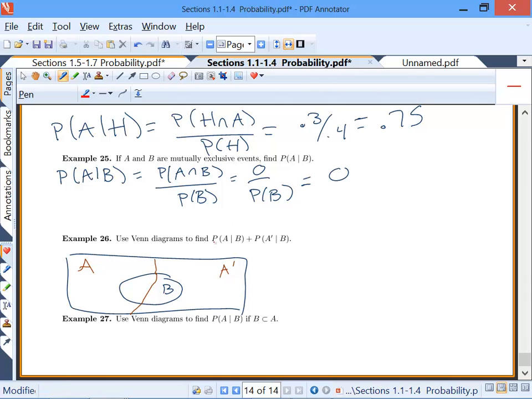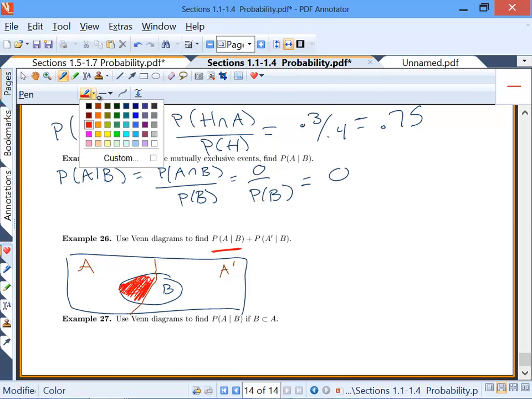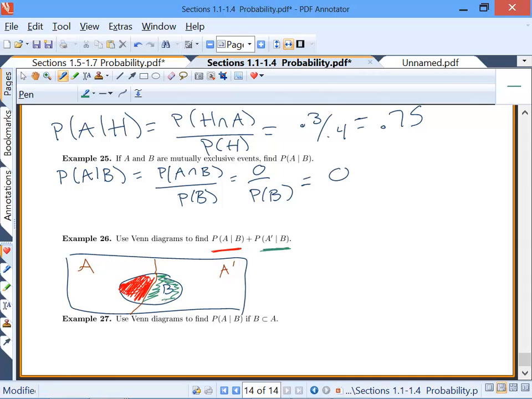If I know that B happened, in Venn diagrams that means everything I shade will be in B. My world is narrowed down to just my event B. So we already know we're in B. Now let's shade A. That's the representation of A given B. Now for A complement given B, again, our world is narrowed down to B, and we want to shade A complement. So that would be this piece.